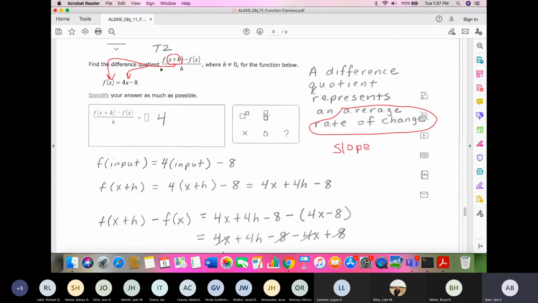Now, what does this difference quotient represent? And I wish we had time to go over this, but we really don't. This difference quotient here represents an average rate of change. And one of the interpretations of slope is average rate of change. If you look at this function that we're given, y, f of x, equals 4x minus 8.